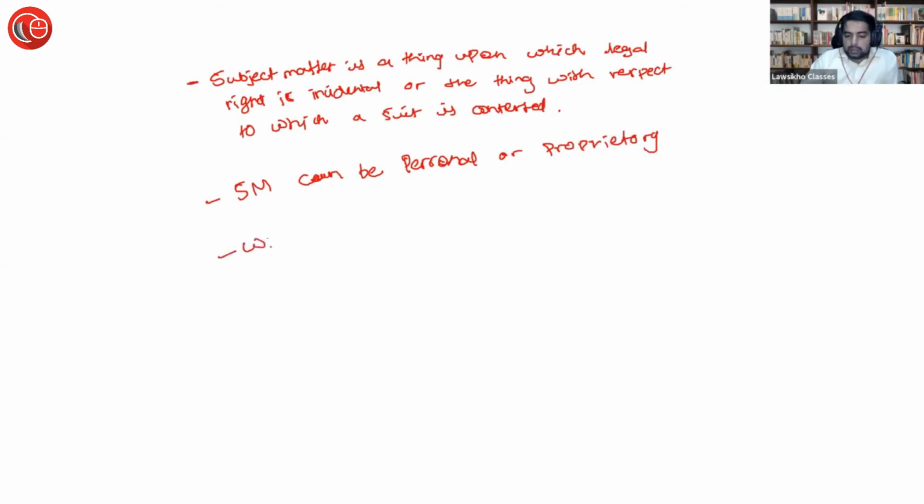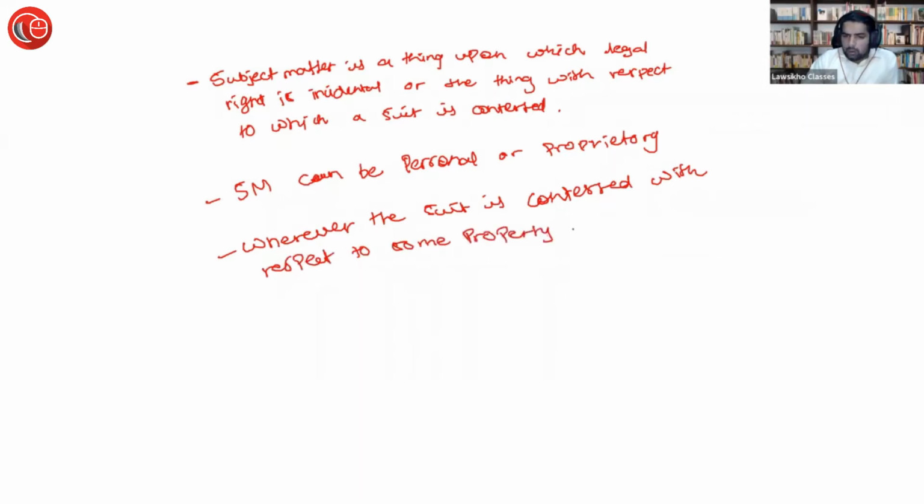So wherever a suit is contested with respect to some property, or any right related to property, it will be called proprietary subject matter.